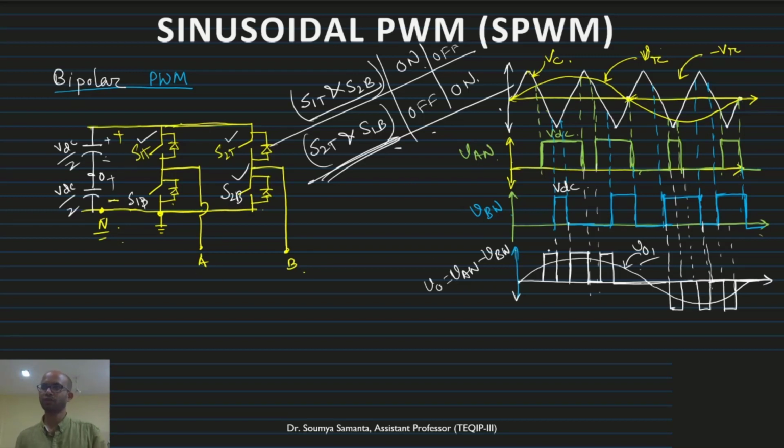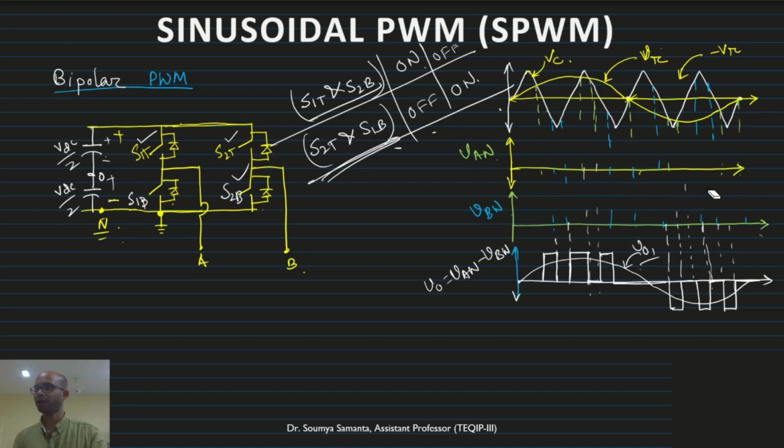So whatever output voltage we get, there will be a change in the output voltage. What will be the change? Let me erase this part and explain. First, whenever this is on, the condition is the same.